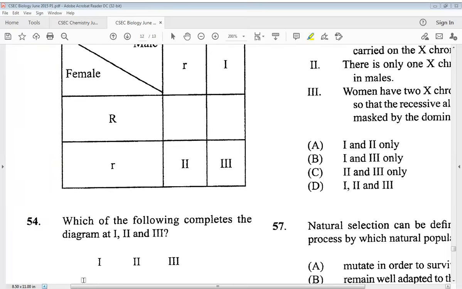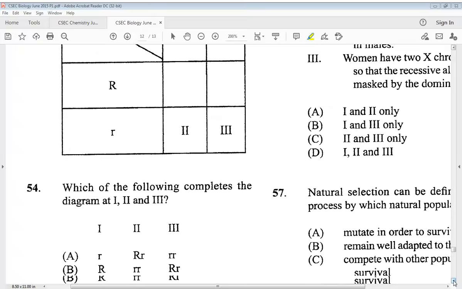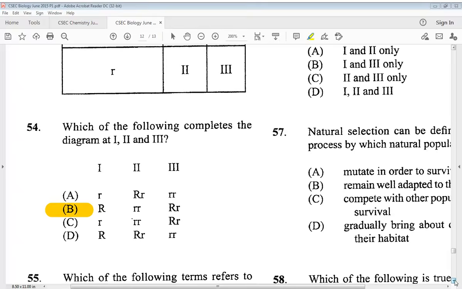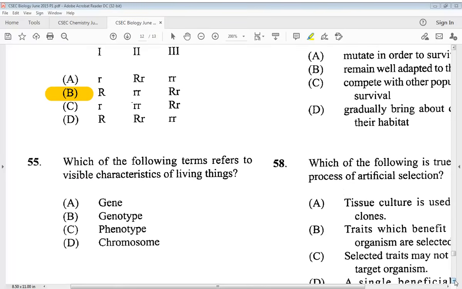Which of the following completes the diagram at 1, 2, and 3? So the answer for 54 would be B. Let's go to 55 now. Which of the following terms refers to visible characteristics of living things? The answer is C.